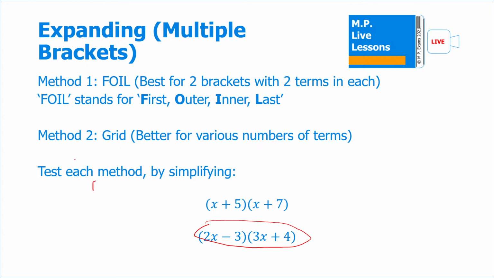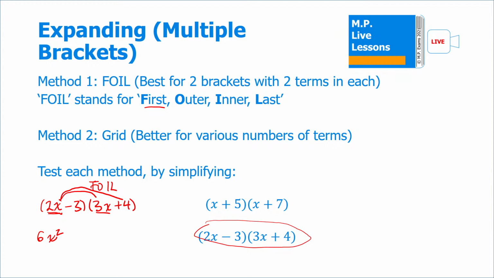So on the left I'll do FOIL. So we have 2x minus 3 and 3x plus 4. We do our first terms, so 2x times 3x. So our first term, the F, is 6x squared. Now we do our outer ones, so the 2x and the plus 4.